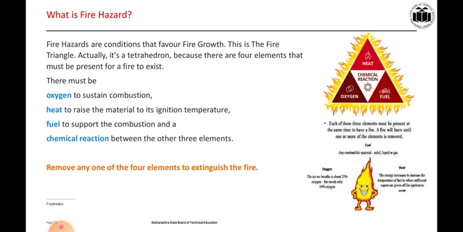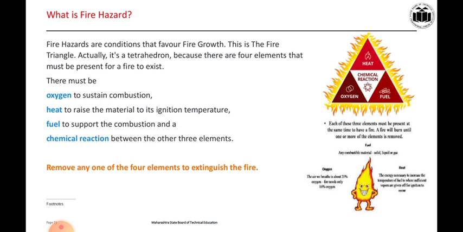Here the heat, oxygen, fuel and chemical reaction are the responsible factors for generation of fire. Whenever fuel is burning, oxygen supports the burning, heat is generated, and in the heat generation a chemical reaction takes place.